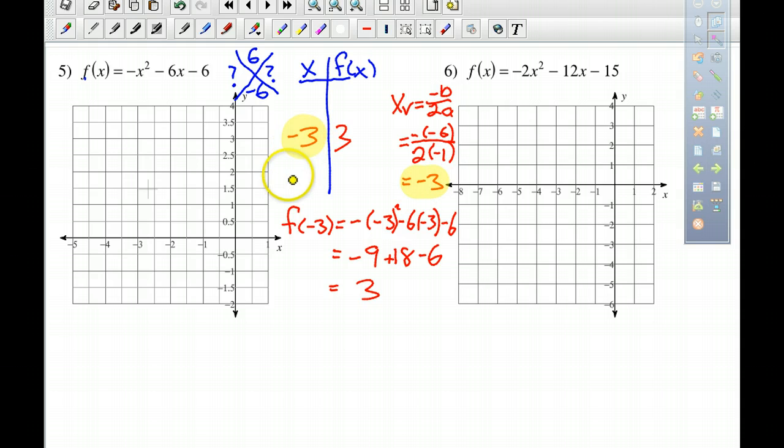I did that first. Second, I took that same negative 3 and plugged it into our original function. That's how I got the positive 3. That's the f of x value, or the y value. Remember, f of x is the same as y. And now you have your first point: negative 3, comma 3.